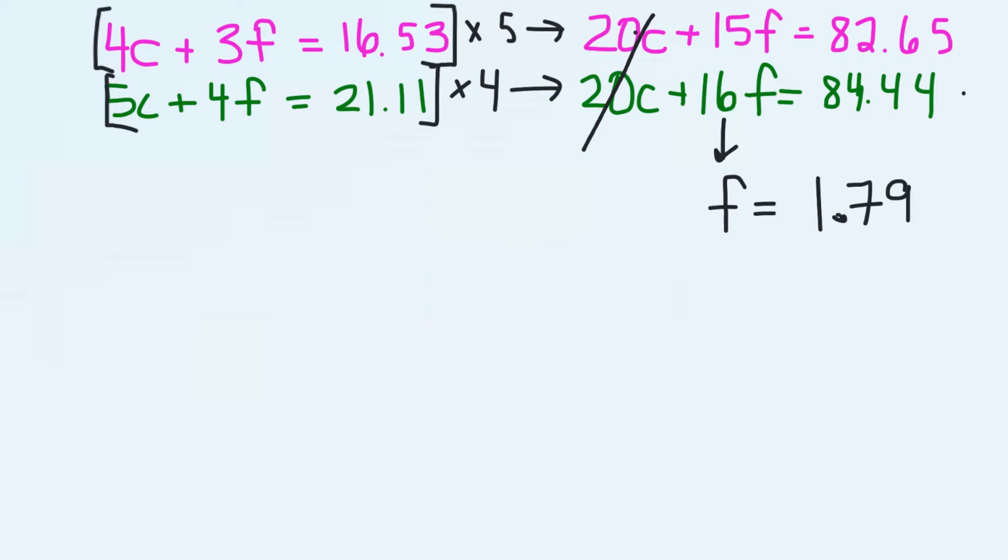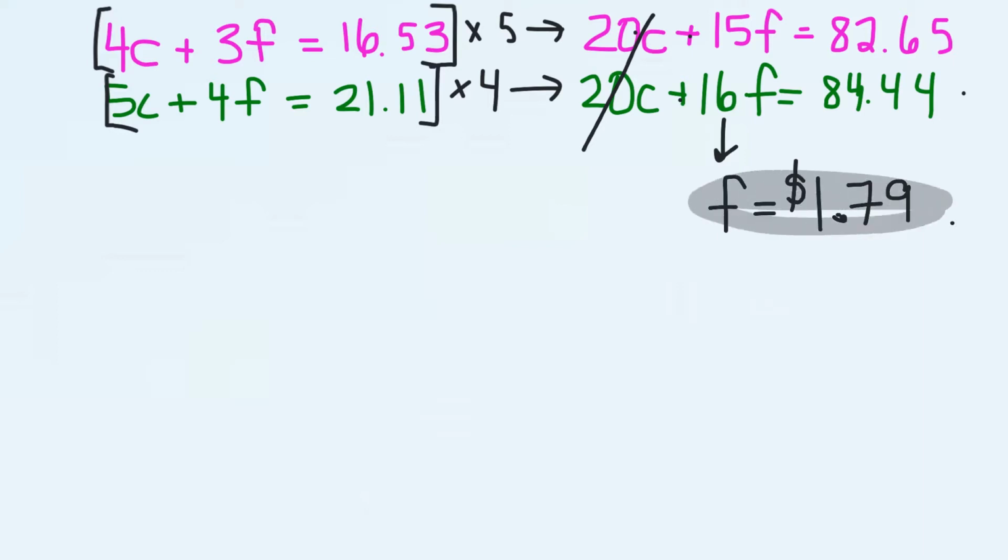By the way, we could have gotten the same answer by doing the top equation minus the second equation, like 15 minus 16. We just would have gotten negative F equals negative 1.79. You end up with the same answer. At any rate, we did just figure out the real cost of one order of French fries. It's $1.79.